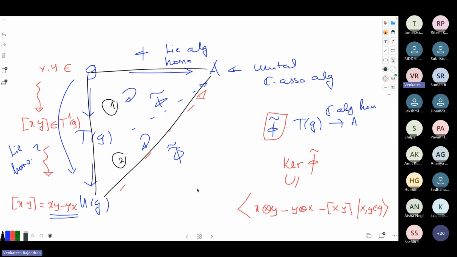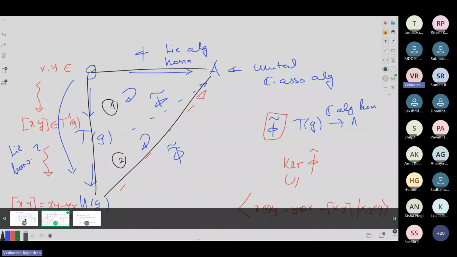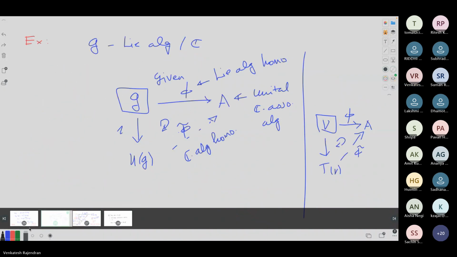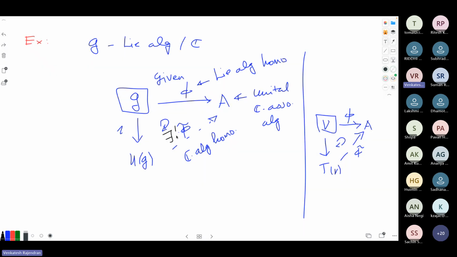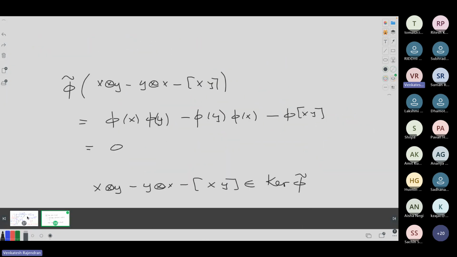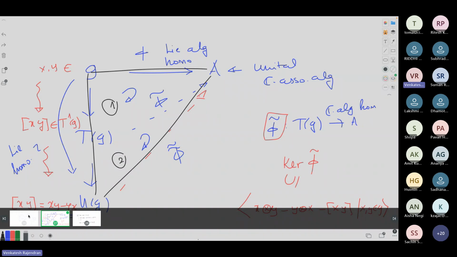But now why is this unique? There is this uniqueness as well. This map must be unique. There is this unique map like that, this extension happens and the diagram commutes, because if you look at the image of G inside UG, then that must generate UG. The image of G inside TG must generate TG as an associative algebra.